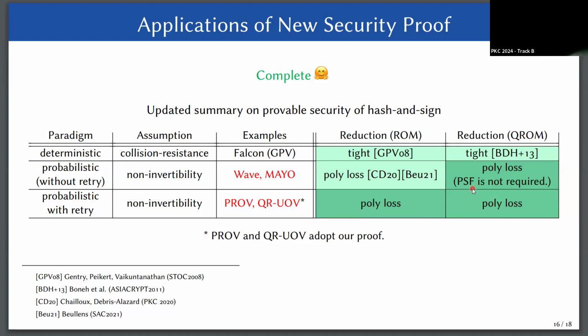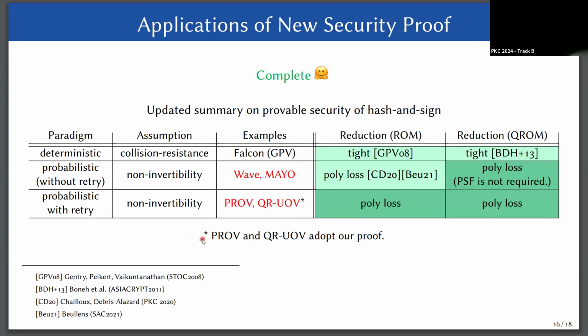Due to this relaxation, we can prove the security of Wave and Mile, which are included in the candidates for the NIST PKC standardization. As for the probabilistic Hash-and-Sign with retry, we have reductions both in the ROM and the QROM. Due to this, we can prove the security of PROV and QROV. They are also candidates.